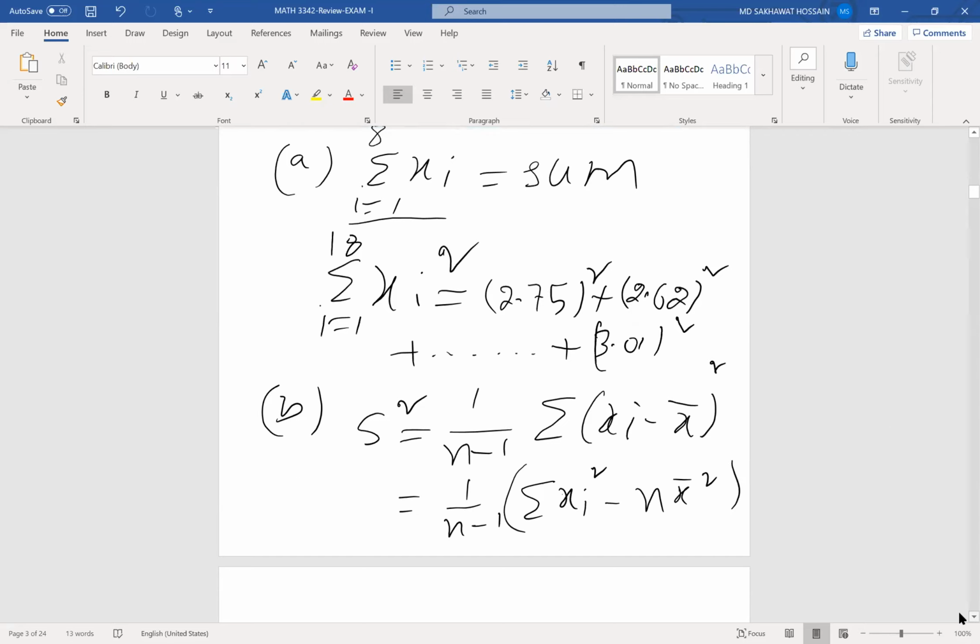Since x bar is equal to summation of xi divided by n, instead of this one you can also write 1 over n summation of xi square.